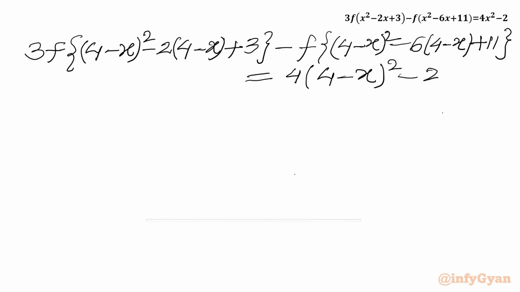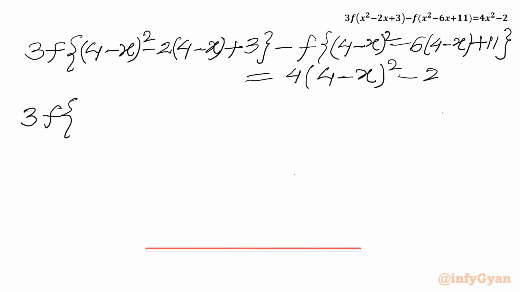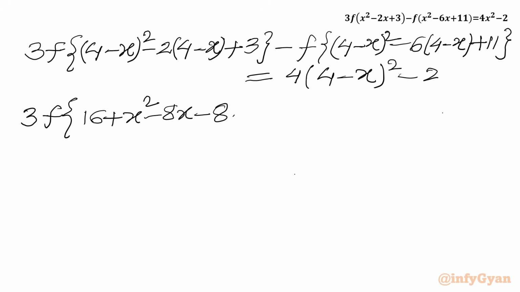Let me write the functional equation over here. Here it is. Now we will write 3 times f of (4 − x)², which is 16 + x² − 8x, minus 8 + 2x + 3.